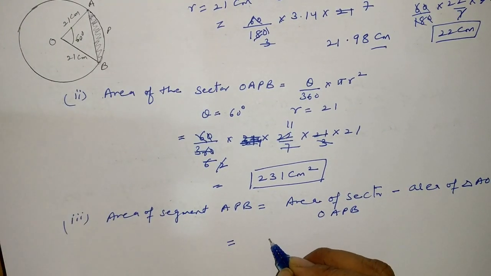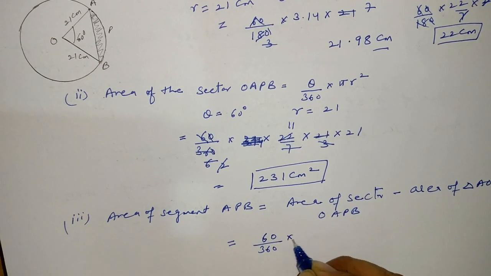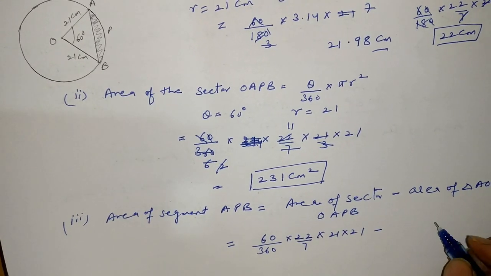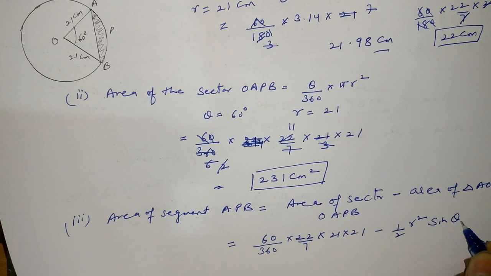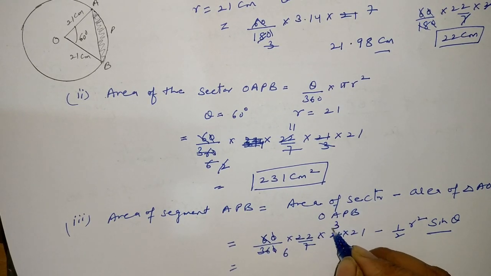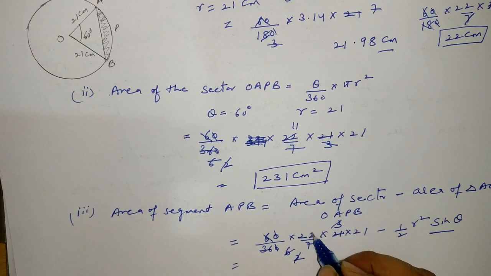Now it is theta upon 360 into pi r square. So 60 upon 360 into pi, that is 22/7, r square 21 into 21. And area of triangle AOB, I have told you, half r square sine theta. So we'll simplify this. 6 6s are 36, 7 3s are 21, 3 2s are 6, and this is 231 as we have solved earlier.